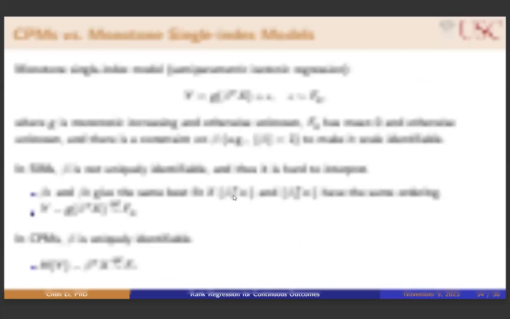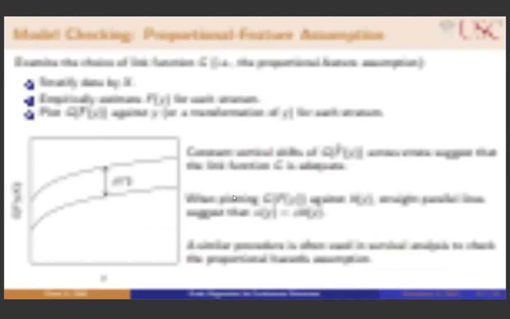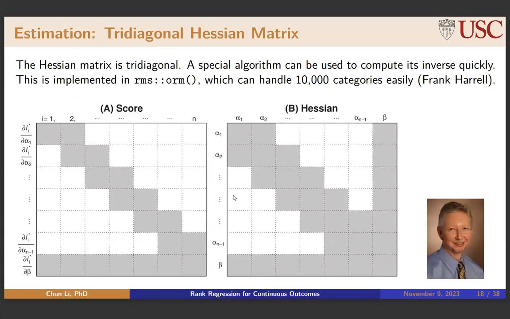So software is important. As I said, there is software. Frank Harrell developed it. Frank Harrell really wanted to push this. Initially, he actually advocated it almost 20 years ago, but he didn't give us enough justification why we want to do this. So we didn't do it until we felt there's a need. The software is called RMS, and orm can really do it.